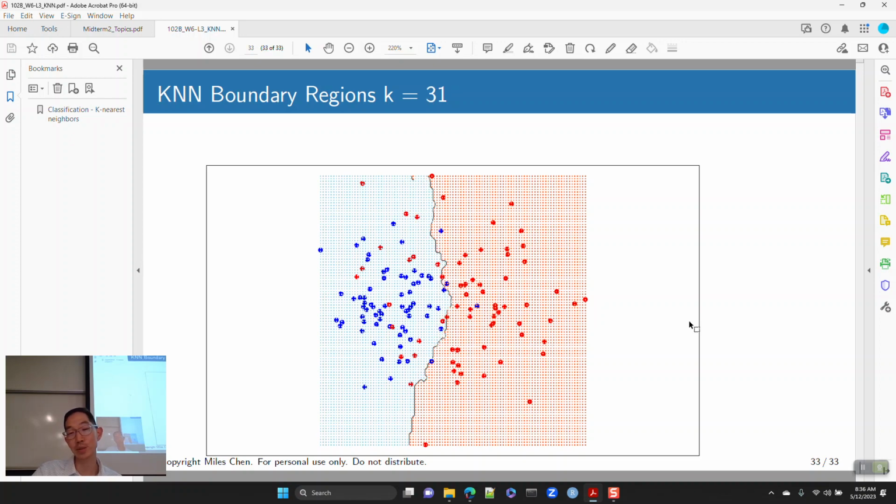And k equal to 31 at this point. So as we've bumped up the k, you get a boundary that more clearly defines the sides and is not influenced so much by odd points here and there.